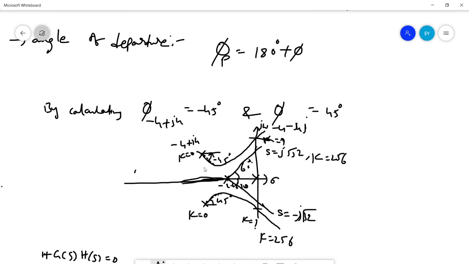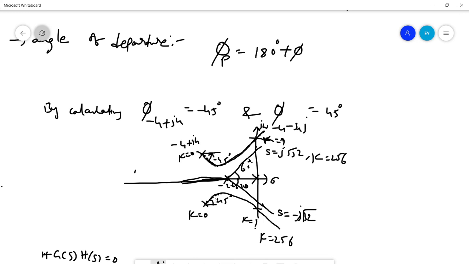Okay. So once you consider angle of departure, that is minus 45, that means departure will happen this way, towards the centroid actually, but the centroid is telling that it is making angles of 60, 180 and 300. So departure is coming towards the centroid, and the centroid is showing the direction of the root locus towards 60 degrees, and the root locus will tend towards the imaginary axis.